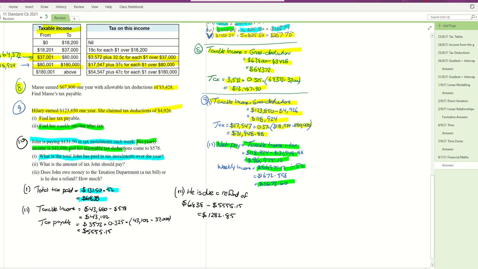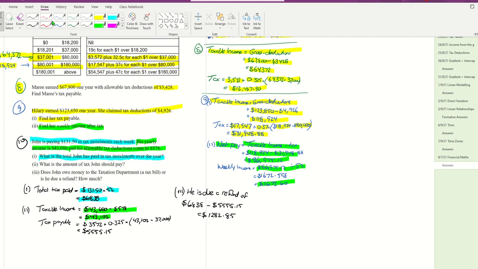Okay. So his yearly income is $43,680. His allowable tax deductions come to $578. So his taxable income is the difference between those, 43,680 minus 578, 43,102. So now what we want to do is grab that number and come back up and find out what row it is in.